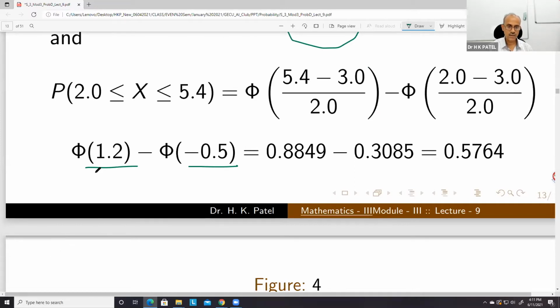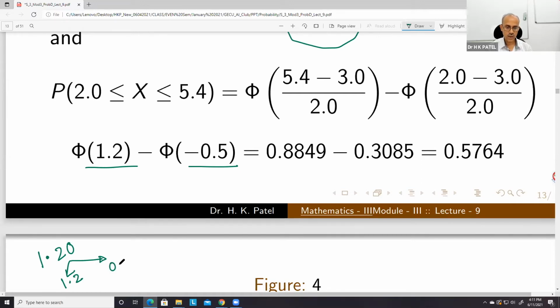So as I said, we have to write these numbers up to 2 places of decimal. So 1.2 can be written as 1.20. You can split this into 2 parts, 1.2 and 0.00.